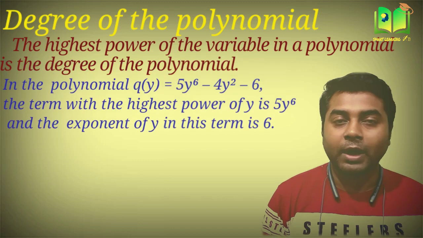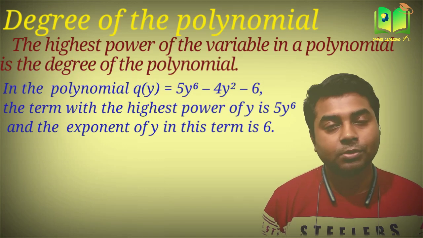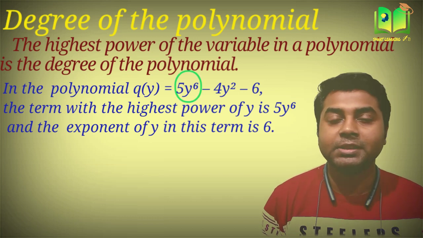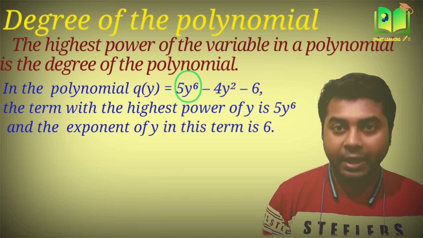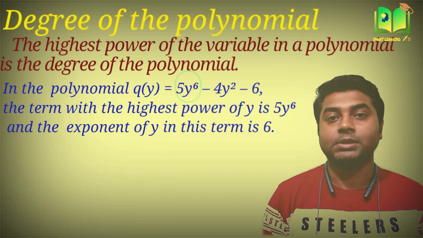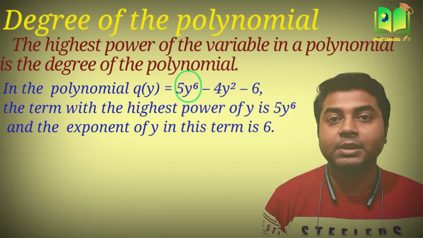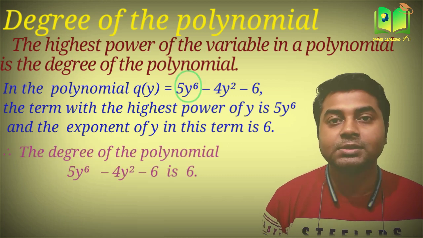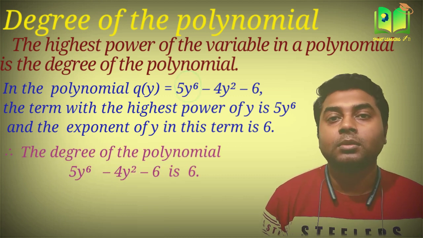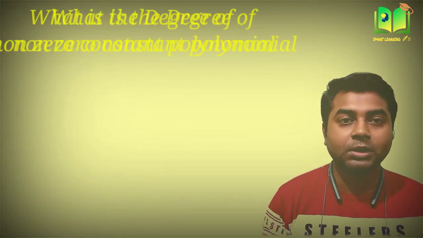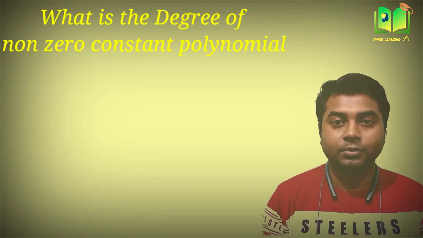In the polynomial 5y to the power 6 minus 4y square minus 6, the term with the highest degree is 5y to the power 6, and 6 is here the highest exponent, so we can say 6 is the degree of this polynomial.